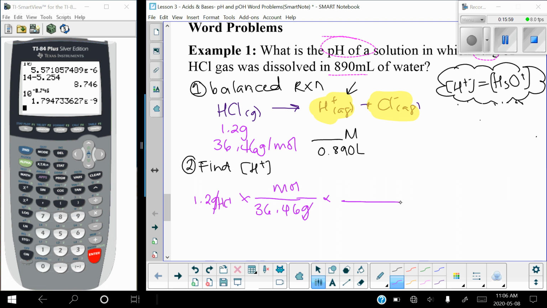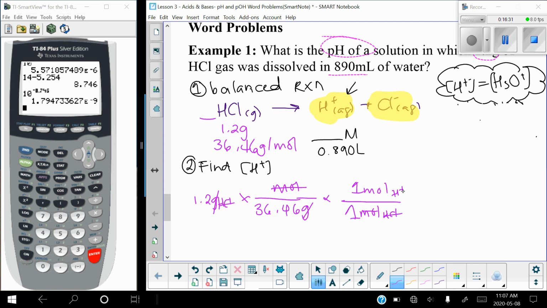This is the perfect time to use your molar ratio. In front of HCl, I have 1 mole. Remember, ones are invisible in chemistry. Okay, so 1 mole of HCl. Mole cancels out, HCl cancels out. What are we looking for? Moles of H plus. Great.